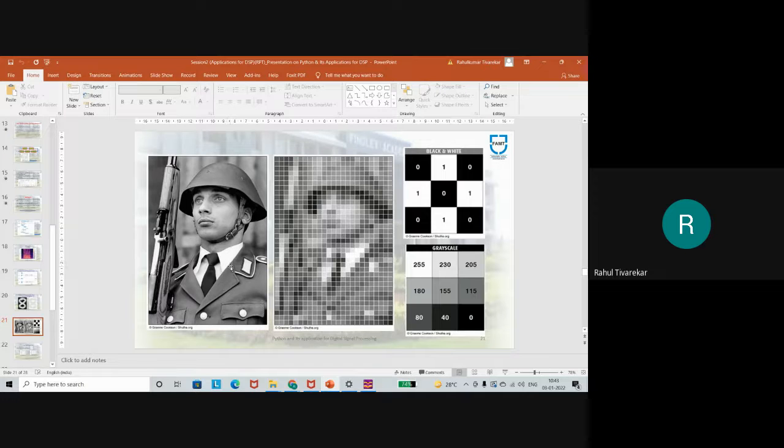Suppose that pixel is located on the tie of this person, then its value will be different. If it is located on the collar of this person, its value will be different. So it's all about the space. It's all about the location, and that's why we will have spatial domain operations, and we will have frequency domain operations. We don't have time domain here.